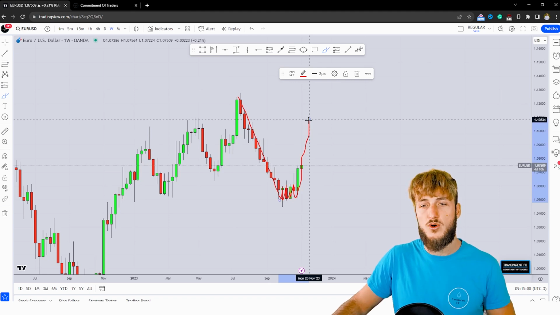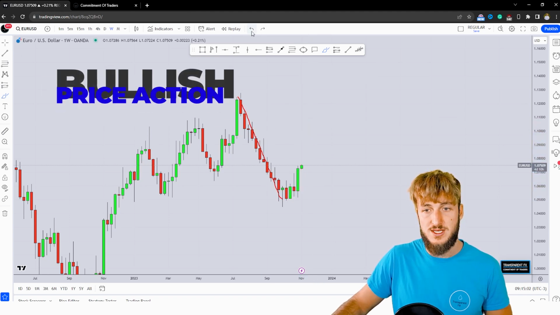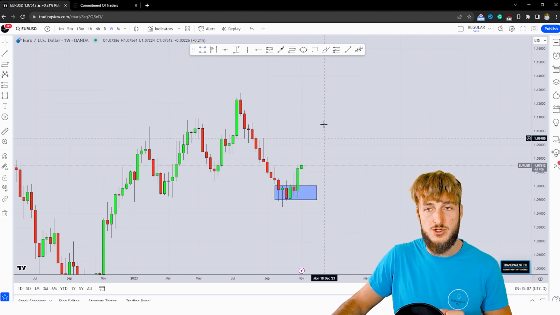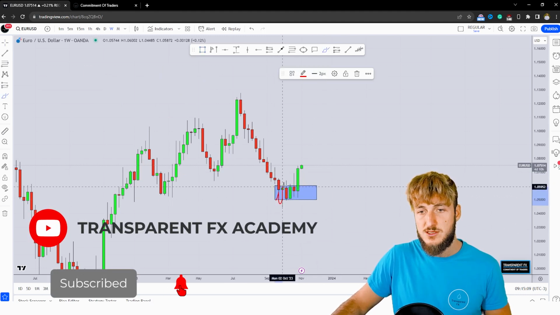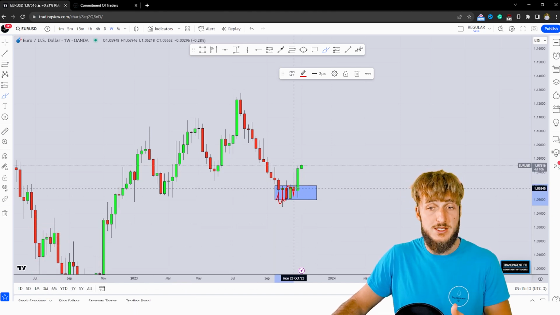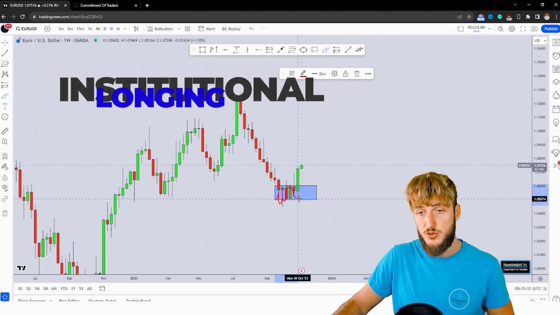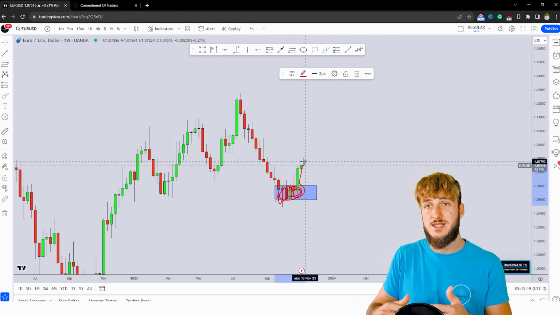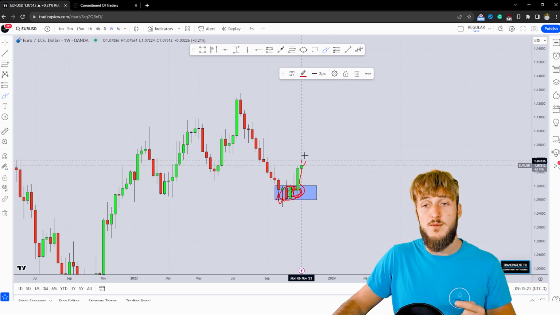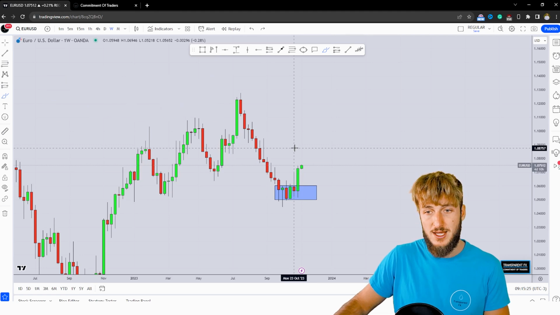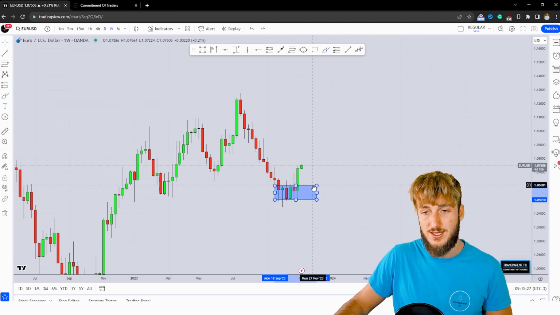From here, more bullish continuation could be expected, especially because after the creation of a horizontal accumulation phase, this is a zone inside of which there is a very high probability that institutions started longing EURUSD inside of this area. So in a situation like this, where longs have already been placed, more bullish continuation is definitely the highest probability outcome in a situation like this.